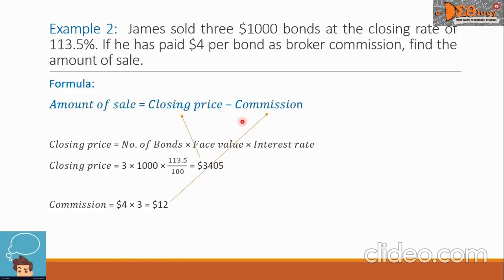So we have now the closing price is 3,405 minus the commission, which is $12. And the difference is $3,393. This is our final answer.